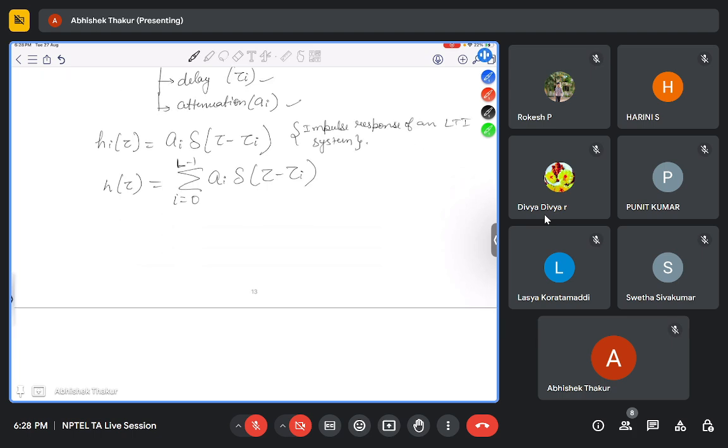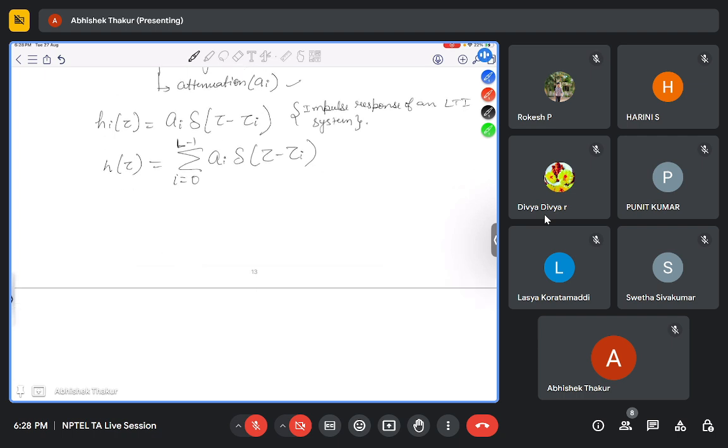Now the received signal. This is the LTI system, and the received signal y(t) is given as the transmitted signal convolved with the channel impulse response.